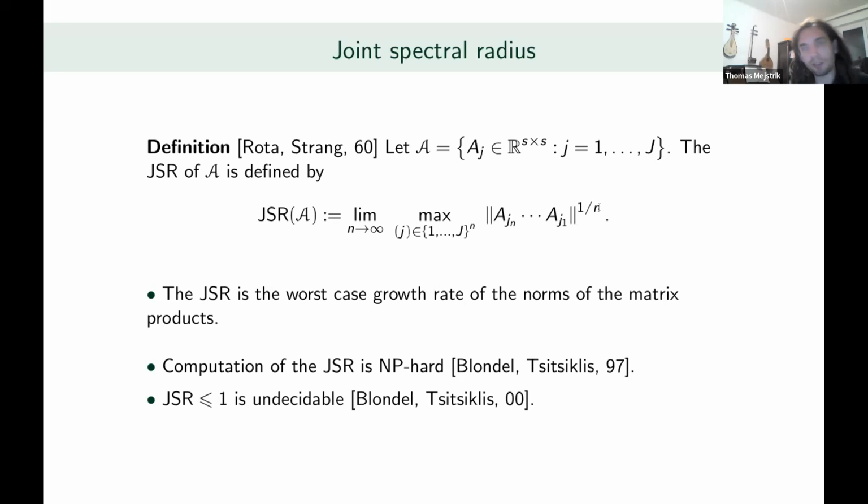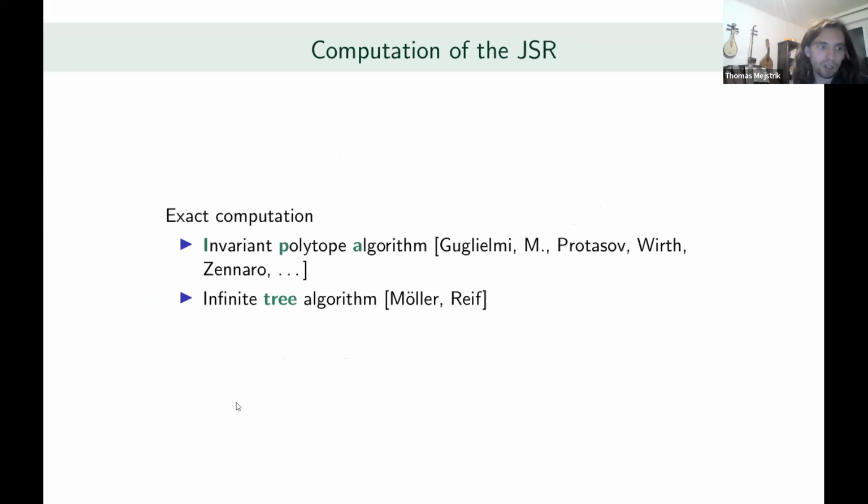This means there is no algorithm which can determine in finite time for all possible sets whether this is true or not. So it's no surprise that there are a lot of algorithms which try to compute the joint spectral radius. There are a lot which do it approximately, but only two which can do it exactly.